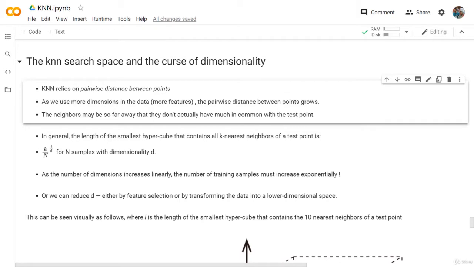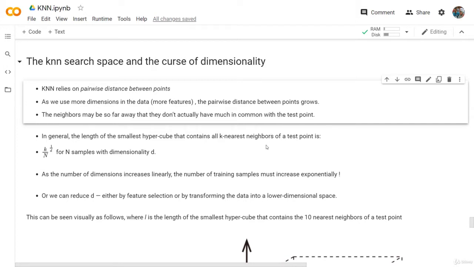If we have 5 nearest neighbors and a very large space with so many features, then with very scattered data, these 5 nearest neighbors will be very far away, so you don't really have any similarity between the test point and the training points, okay?